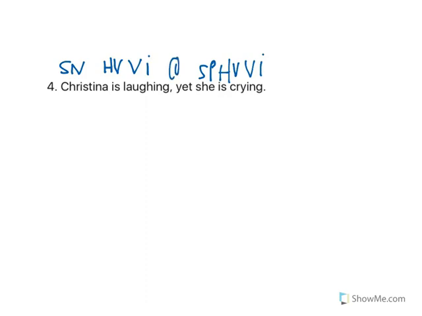And yet is going to be our coordinating conjunction. We know this is a declarative sentence. And is it a compound sentence? Well, does it have two independent clauses? Yes. Does it have a coordinating conjunction and a comma? Yes.